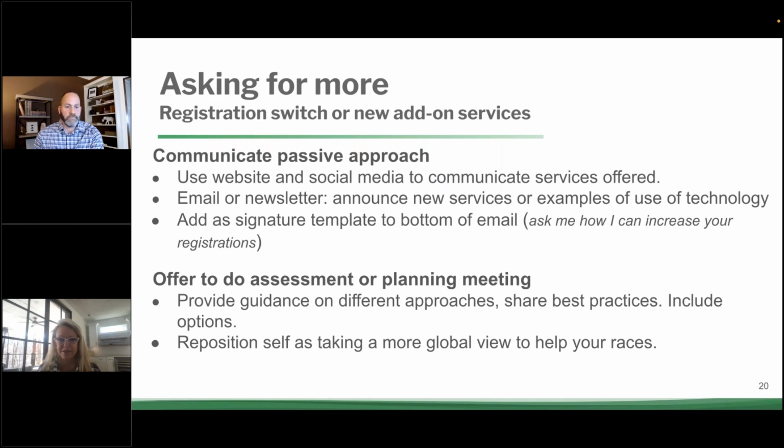You're not going out for the ask. Then maybe in your emails or newsletters, you say these are the types of services I'm offering. You just bullet them out underneath your email signature and so forth. And again, doing that assessment and planning, getting face-to-face, builds that relationship. It shows that you are being a resource for them, and you're trying to help them improve. And then sharing your best practices and what you're seeing other events do is very helpful.